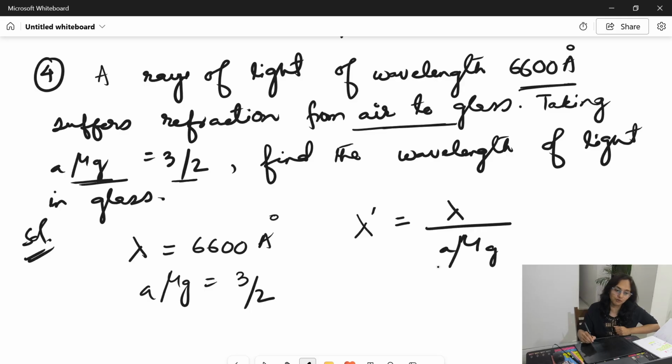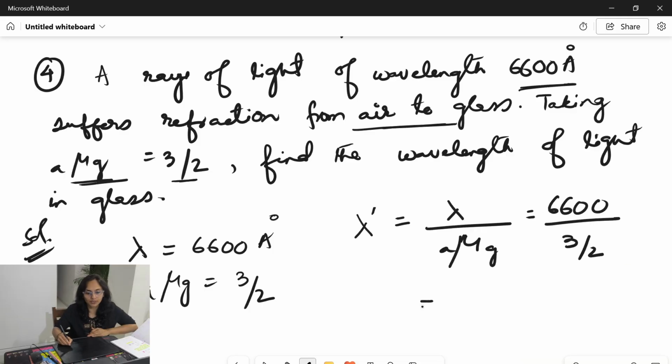This formula we have to remember: whenever a ray of light travels from one medium to another, we calculate the wavelength in the other medium, lambda dash, as lambda by air mu g, where lambda is the wavelength in the first medium, and air mu g is the refractive index of the glass here. So lambda is given to us as 6600 angstrom, and the refractive index is 3 upon 2.